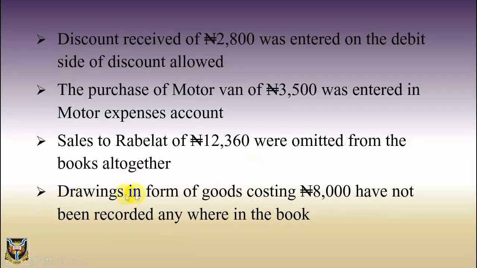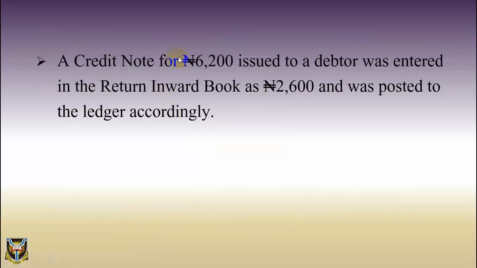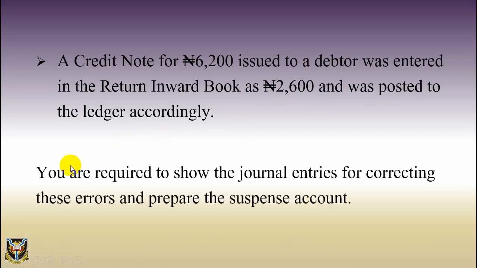I. Drawings in form of goods costing 8,000 naira have not been recorded anywhere in the books. J. A credit note for 6,200 naira issued to a debtor was entered in the return inward book as 2,600 naira and was posted to the ledger accordingly. You are required to show the journal entries for correcting these errors and prepare the suspense account.